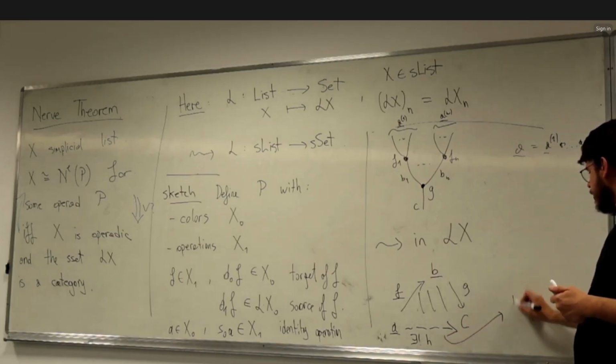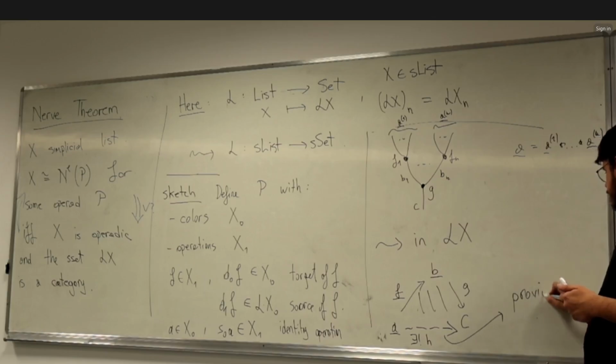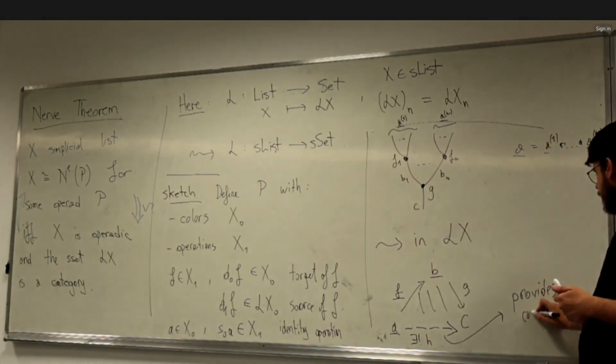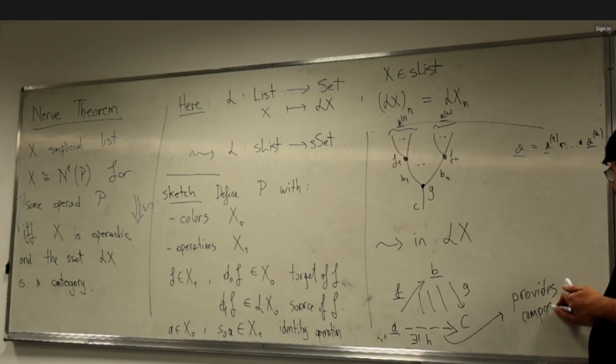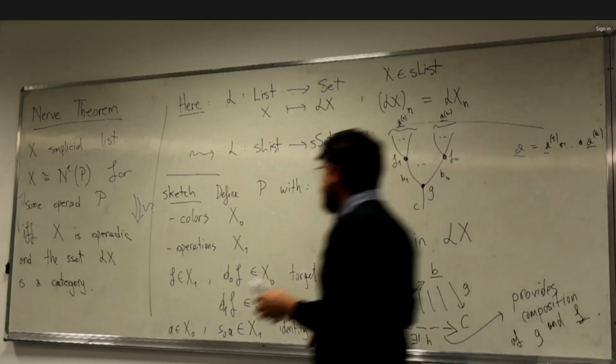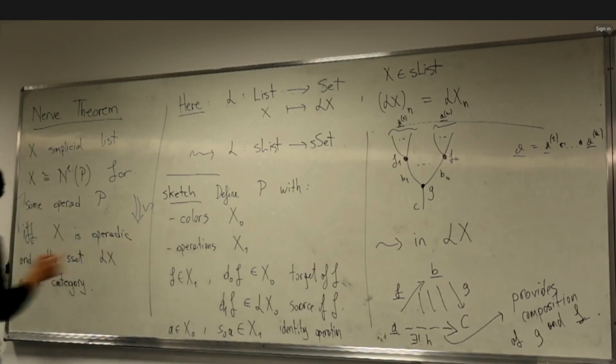So this provides the composition of G and the sequence of f's. And yeah, so this is pretty much how you construct an operad out of this data.